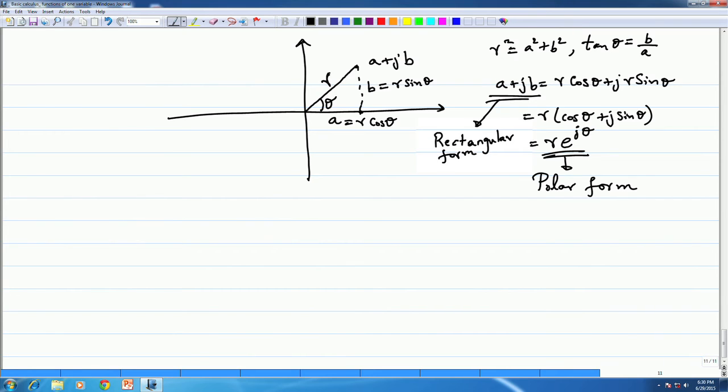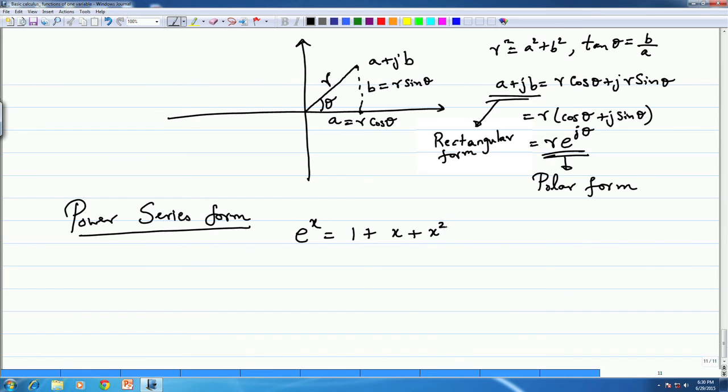Okay. And one last point I want to emphasize about the exponential function is the power series form. For the exponential function, e power x is actually 1 plus x plus x squared by 2 factorial plus x cube by 3 factorial plus so on.